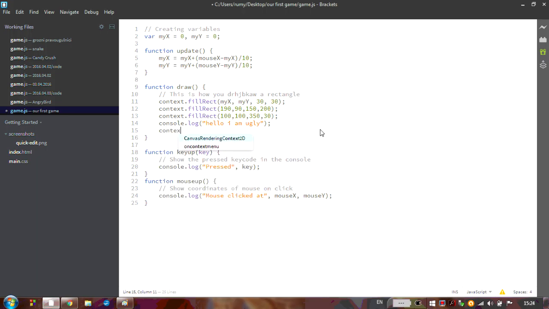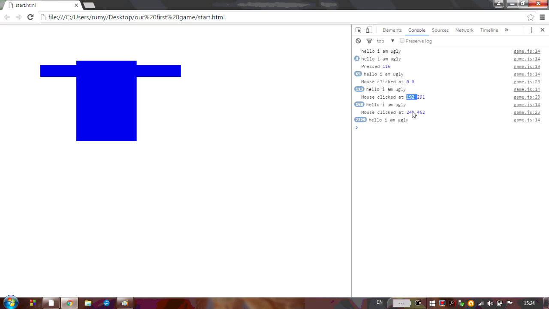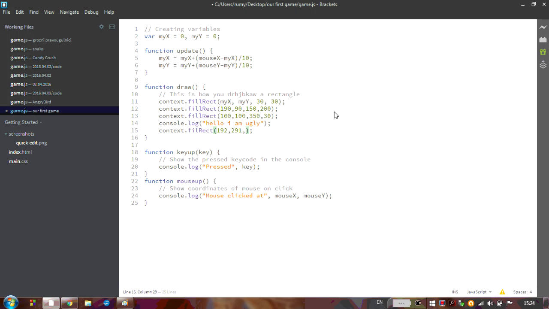So I'm going to make a new context.viewRect, and I'm going to write 192, 291, and for x size I'm going to subtract from 243 192, and this is about 50, exactly 51, but it's going to be a really similar result.